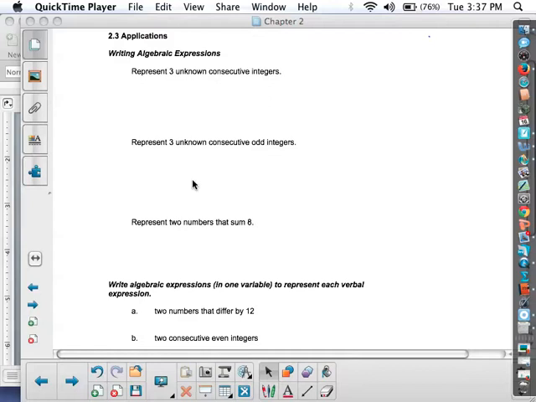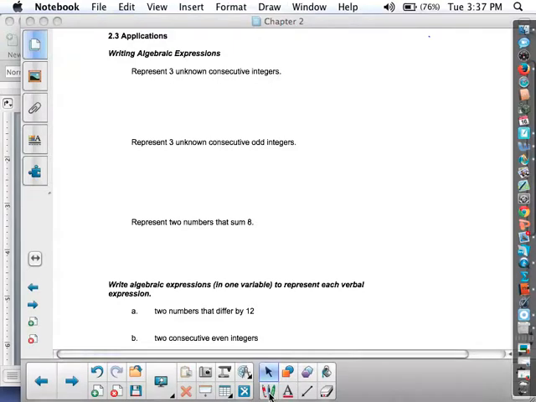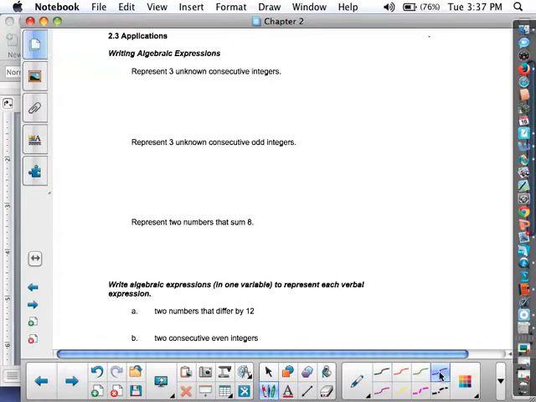Okay, let's take a look at section 2.3. This is application work, so we're going to look at first converting sentences into algebraic expressions. So one that we are probably going to use quite often is representing some consecutive integers.